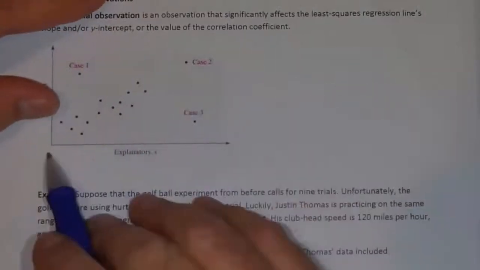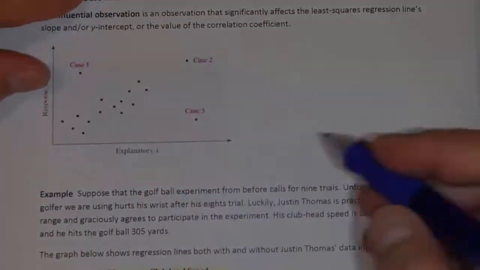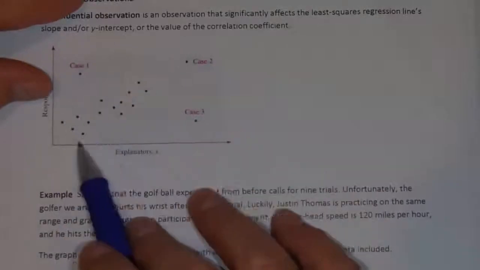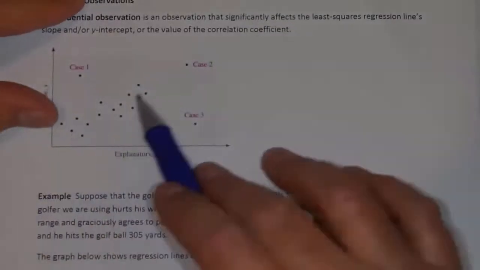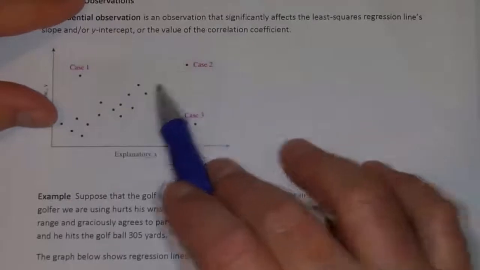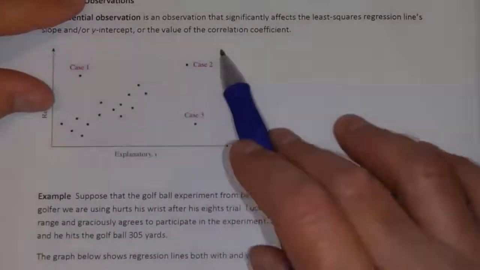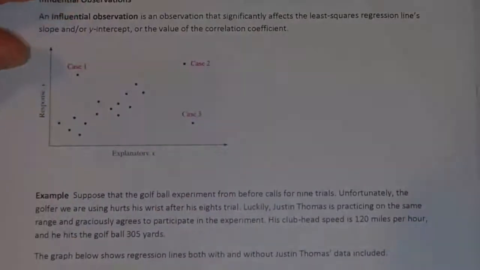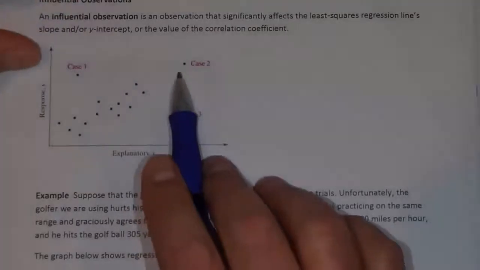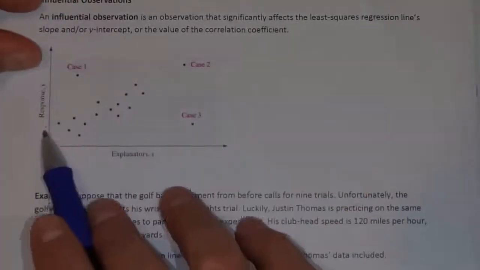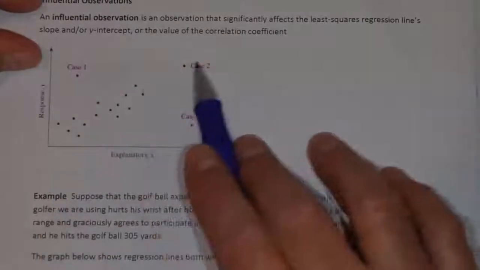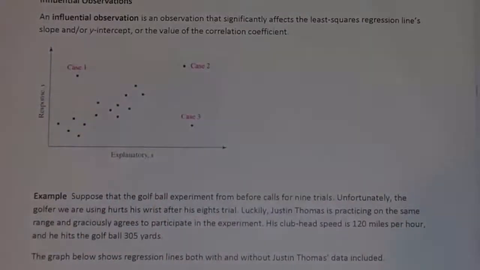And so more of a problem is whenever maybe we don't have much of a relationship, but then you've got a point over here like that, and it makes it appear that there is. We get a higher value in the correlation coefficient than maybe should be warranted. So we have to be careful of that. In any of these cases, the regression line is kind of pulled towards those influential observations.